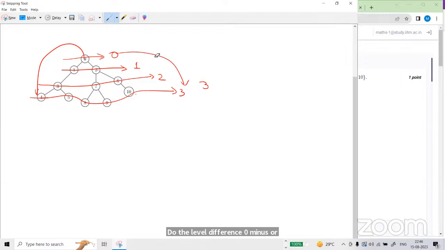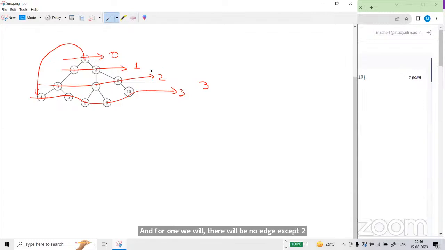Also for 0 and 2, there will be no edge. Except 1, there will be no edge with 0. And for 1, there will be no edge except with 2 and 0.